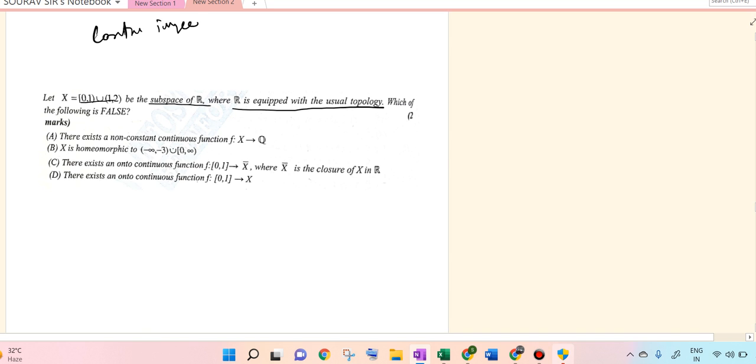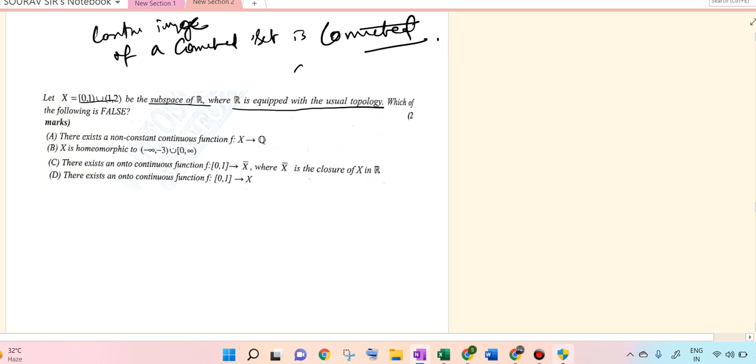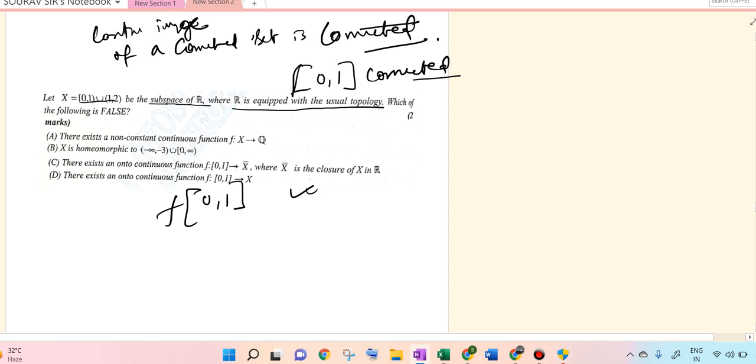So [0,1] is connected. Now f of [0,1] is also connected. So from option D we have f is equal to 0 and X is not connected, so D is false.